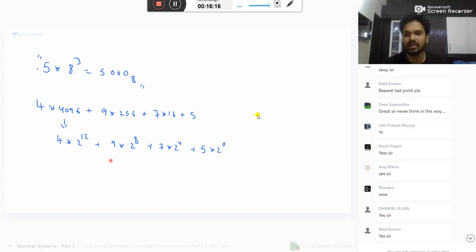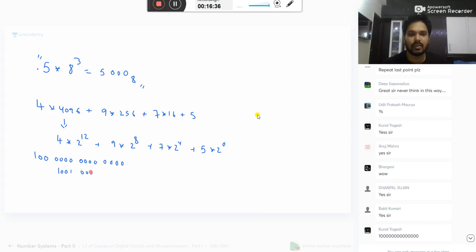So in binary, I am taking base 2. I want to convert into binary. What is the simple answer? 4 followed by 12 zeros, 9 followed by 8 zeros, 7 followed by 4 zeros, and 5 followed by no zeros.